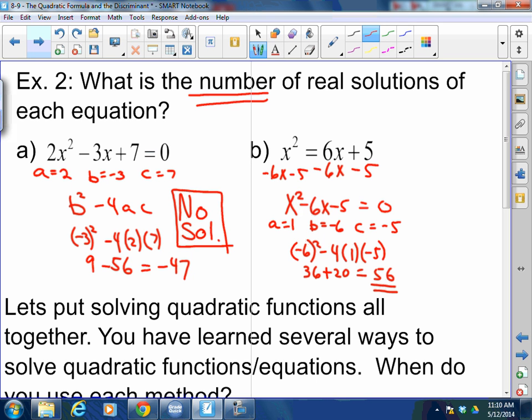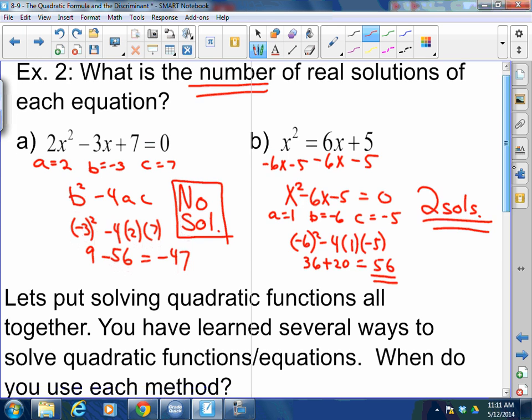It's greater than 0, so how many solutions? 2 solutions. Now, if you want to find the actual solutions, you have to plug everything into the complete quadratic formula. Does that make sense, my friends? Yes, no, maybe, kind of, sort of? Yes? Okay. Thank you.